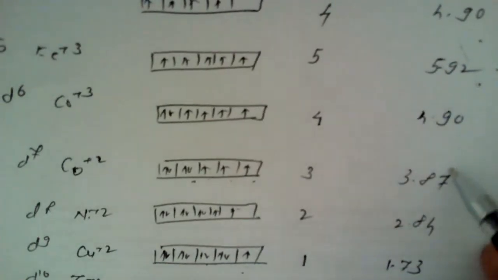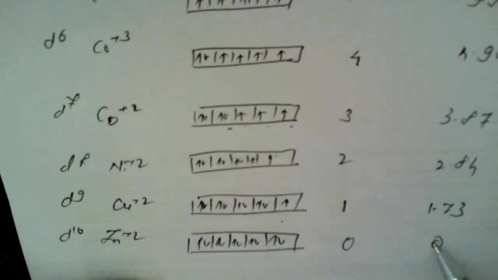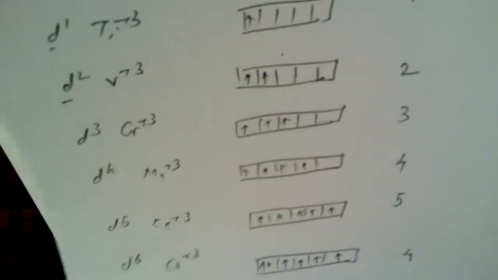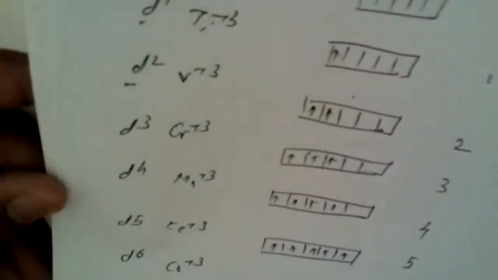From this we can conclude that up to manganese, maximum magnetic moment is shown. But after manganese, the magnetic moment goes on decreasing and it ends with 0 for zinc. So except zinc and scandium, all the members are paramagnetic. Zinc and scandium do not contain unpaired electrons, hence these are diamagnetic.